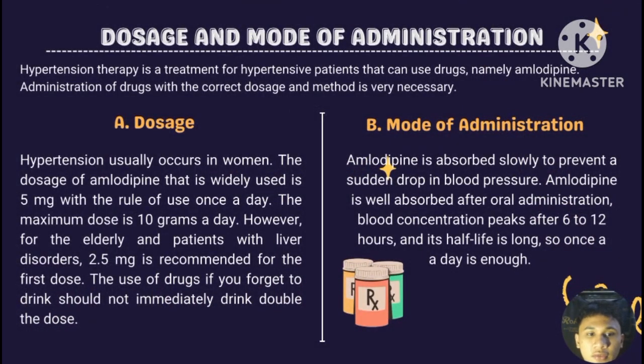Amlodipine is an antihypertensive therapy that can be used as a treatment for hypertensive patients. Dosage and mode of administration must be given good attention by the nurse. Hypertension usually occurs in women. Some factors that can affect hypertension in women are hormones, the cycles of menstruation, pregnancy, and menopause, which can affect the blood pressure.